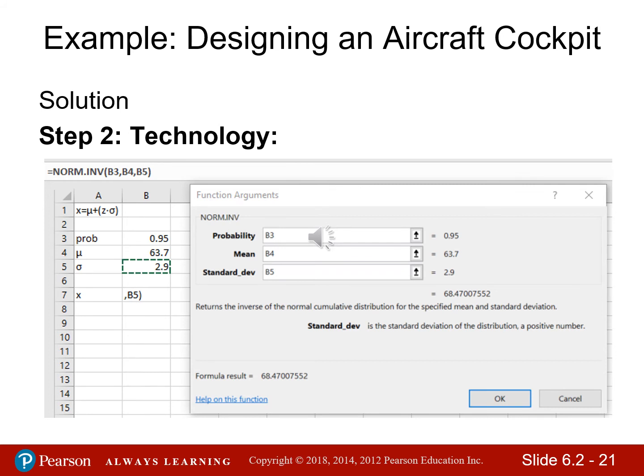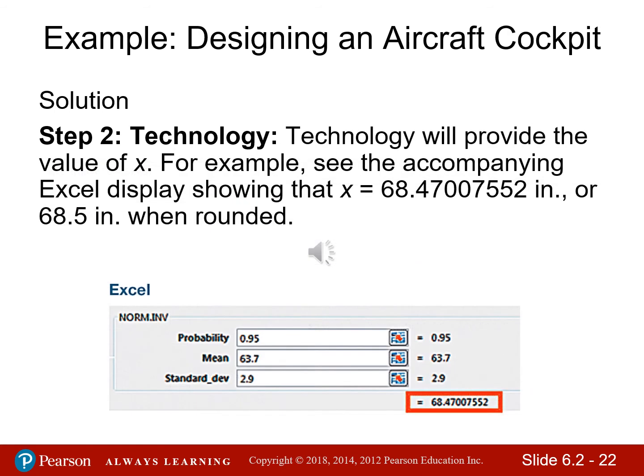In this example, the probability value is in cell B3, the mean is in cell B4, and the standard deviation is in cell B5. You can see that the function argument box displays the value of 68.47007552 inches once you have those three values filled in. We can round that value off to 68.5 inches.